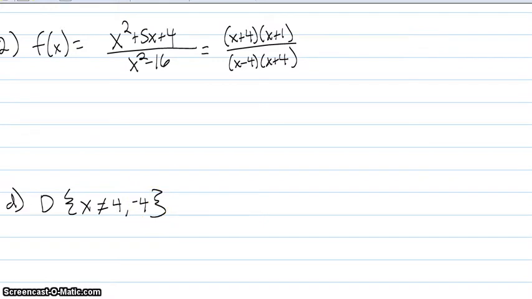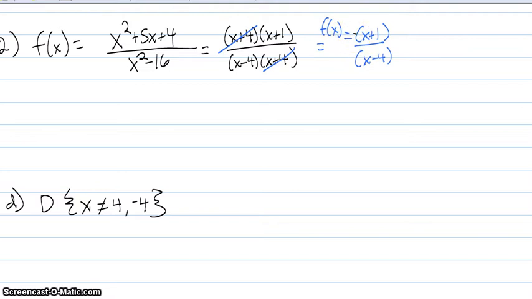Okay, the next step is to simplify and figure out if any of these are holes. Sure enough, those simplify. My simplified version is x plus 1 over x minus 4. And on the quiz, there might be a problem that only asks for that, so you could stop once you get it, and then the domain.